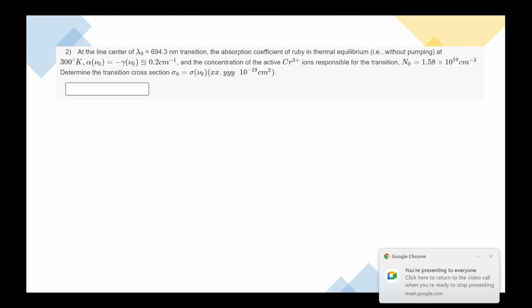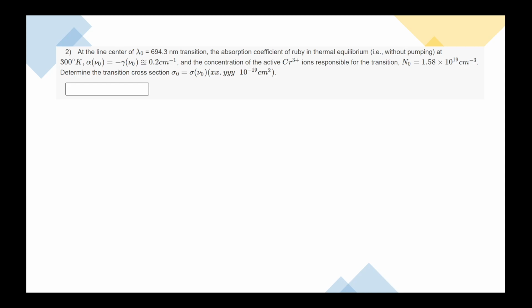Now this question number 2. Here the question is: at the line center of lambda naught equal to 694.3 nanometer transition, the absorption coefficient of ruby in thermal equilibrium, that is without pumping, at 300 Kelvin, alpha at nu naught equal to minus gamma nu naught is approximately 0.2 per centimeter, and the concentration of the active chromium 3 plus ions responsible for the transition, N naught, is equal to 1.58 into 10 to the power 19 per centimeter cube.